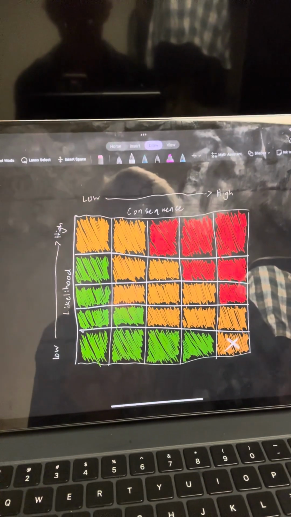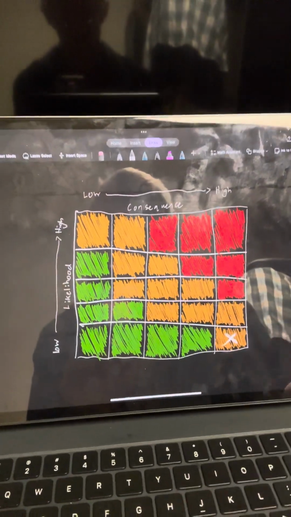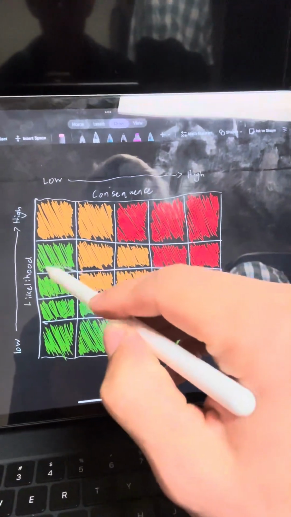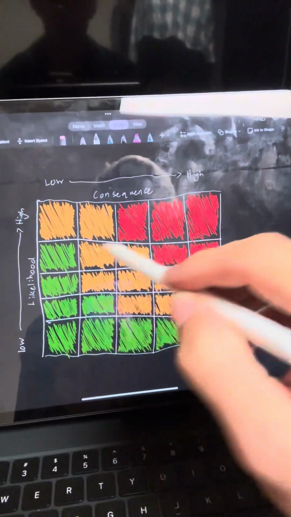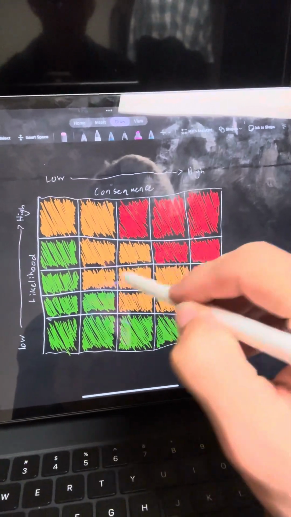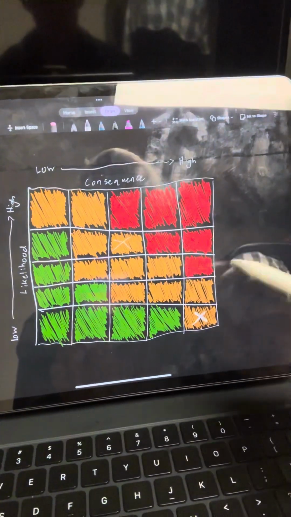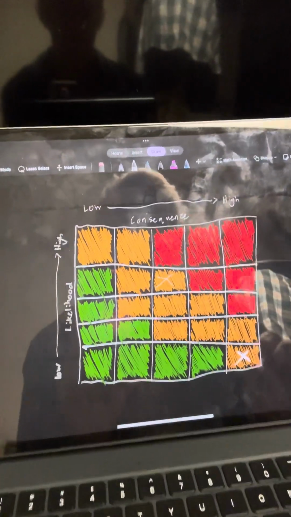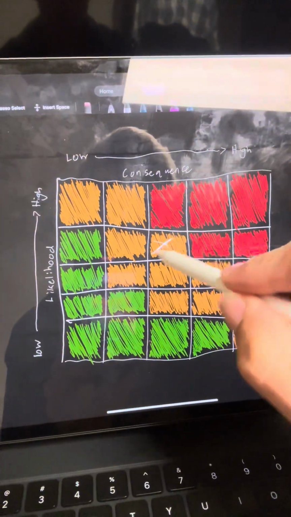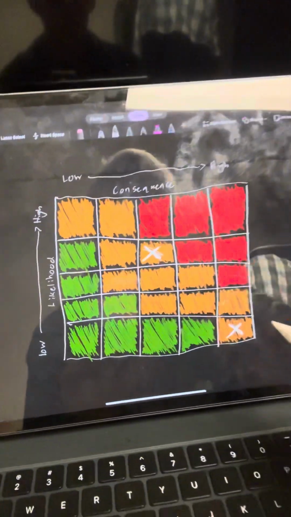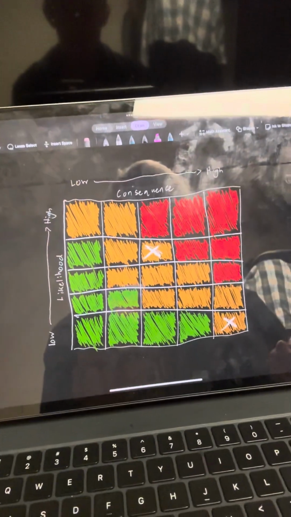If it's really severe, it's definitely going to be really high, but most of the time it's not very high. So I'd probably put the likelihood at like 3 or 4 and the consequence at 2 or 3, putting it somewhere in this area. So once again, we'll just throw it there. But once again, this is a medium risk, but in a very different area of the matrix here.